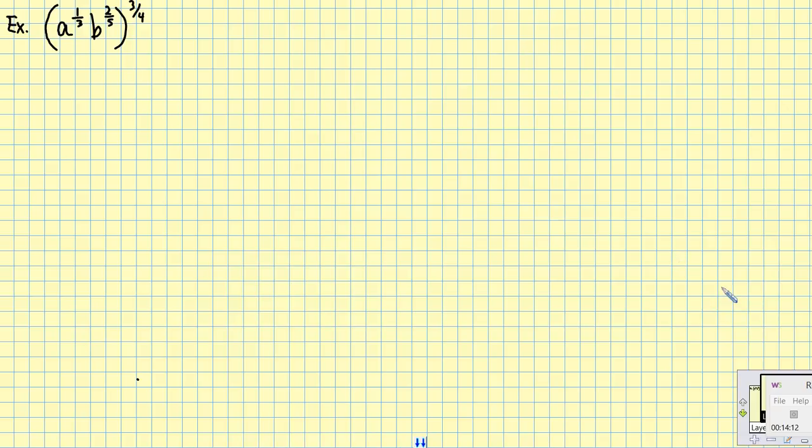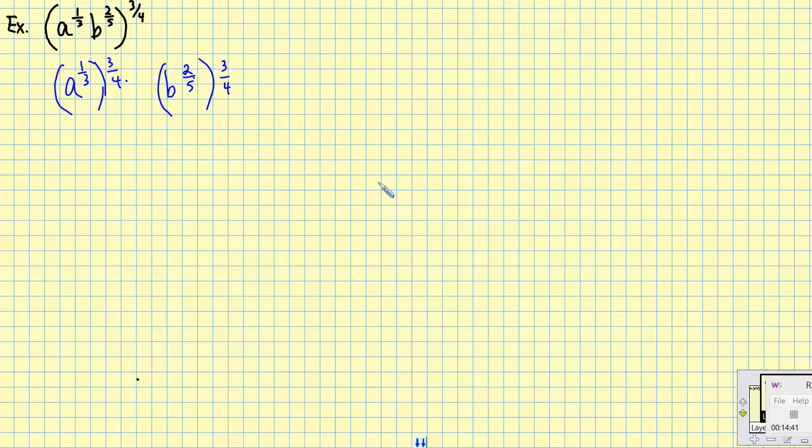One more problem that we can work on is another power to a power rule. I will do a to the 1/3 raised to the power of 3/4, multiplied by b to the 2/5, which is also going to be raised to the power of 3/4. Okay?